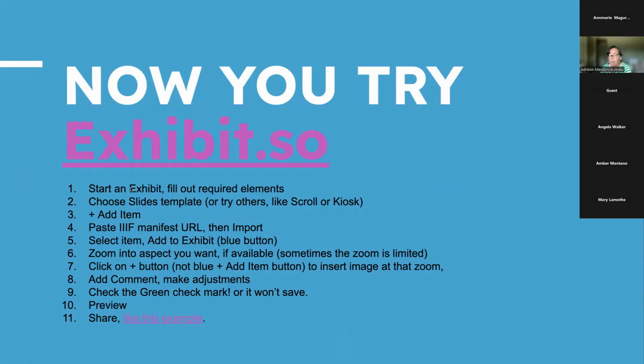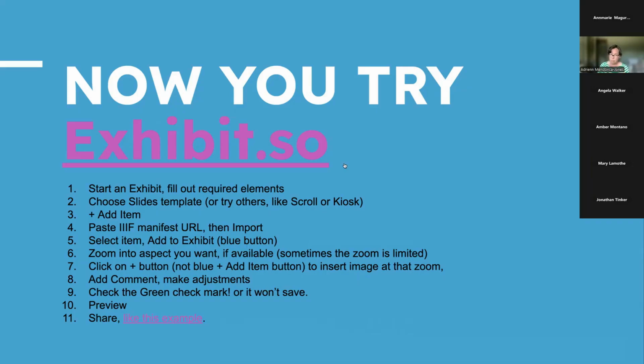The great thing about it, as you saw, is it's pretty teachable and it's pretty easy to figure out on your own. I think certainly digital natives, like a lot of students, younger students these days, would be able to do it, and adult learners, I think, would also be able to do this, as long as you take the time to show folks what a IIIF manifest is and how to find it.